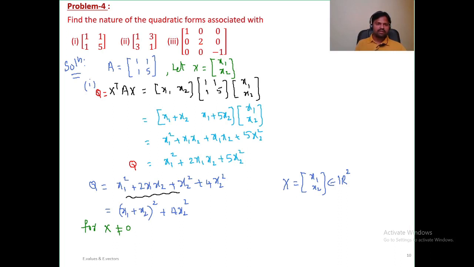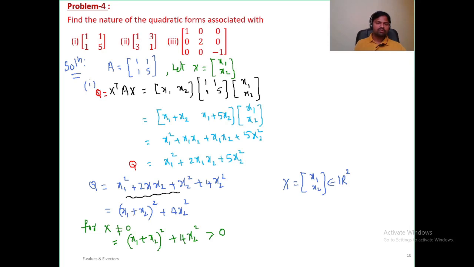This is never 0, right? This is always positive, and x2 square is also always positive. So for x not equal to 0, x1 plus x2 whole square plus 4 x2 square is always more than 0.